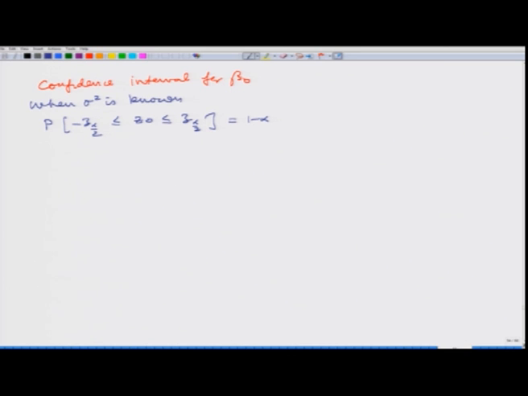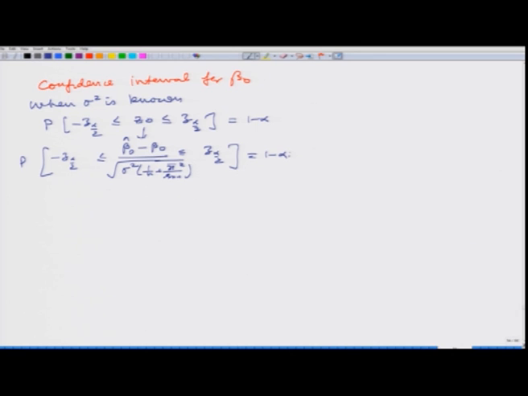Now, if you substitute Z0, which is beta hat naught minus beta 0 divided by the square root of sigma square times 1 over n plus x bar square over Sxx, this becomes minus Z alpha by 2 less than this expression less than Z alpha by 2, and the probability of such an event is equal to 1 minus alpha.